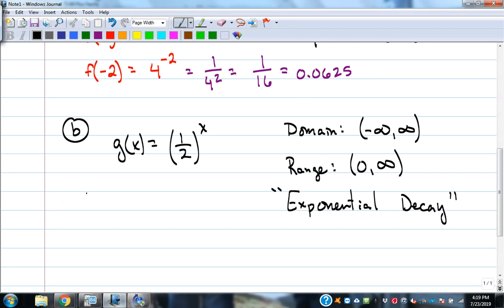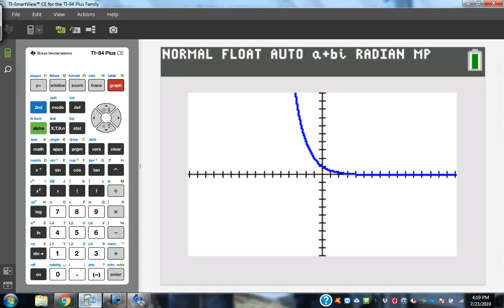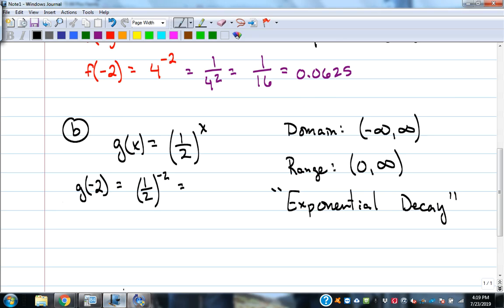So if we find some function values out of that, let's say I did g of -2, that'd be 1/2 to the -2 power. If I went to my calculator and hit trace and -2, I get a +4 as my function value.